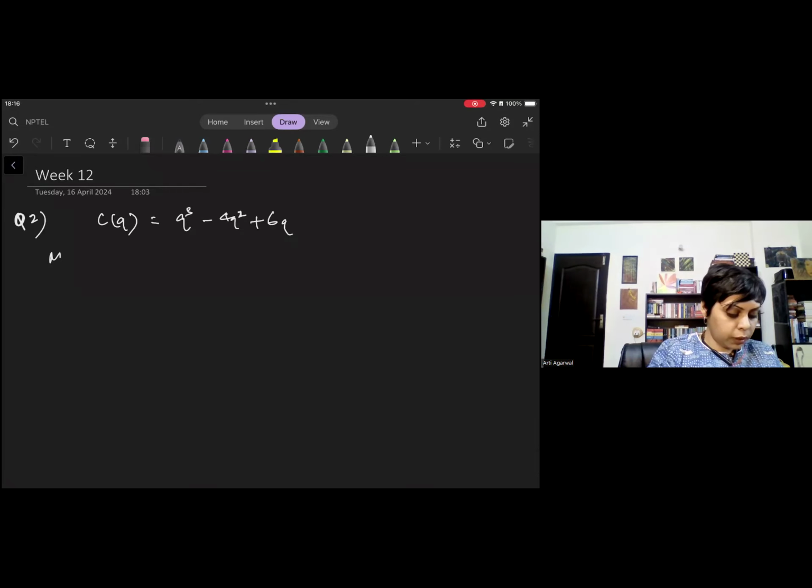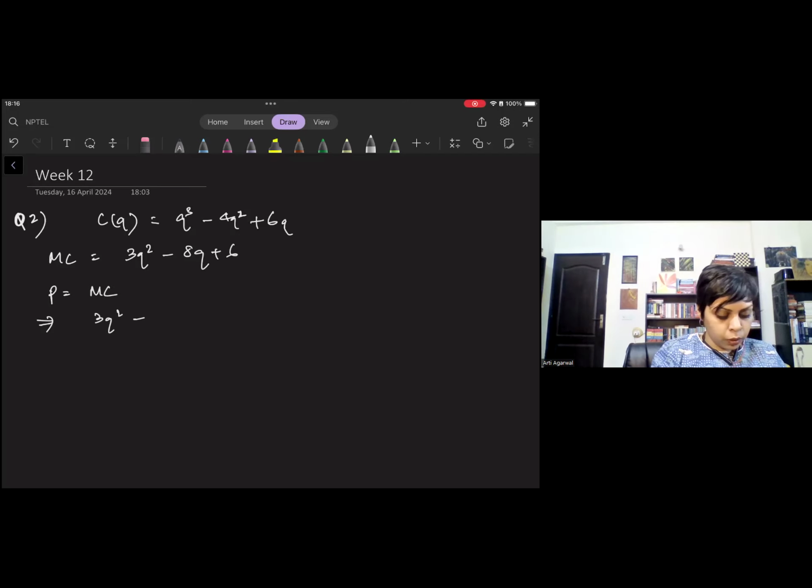So first we will find the marginal cost, which is 3Q squared minus 8Q plus 6. In a long run equilibrium, price is equal to marginal cost, which implies 3Q squared minus 8Q plus 6 is equal to P.